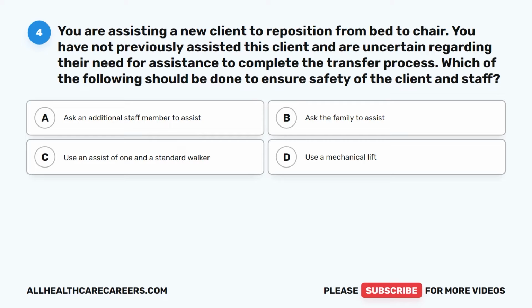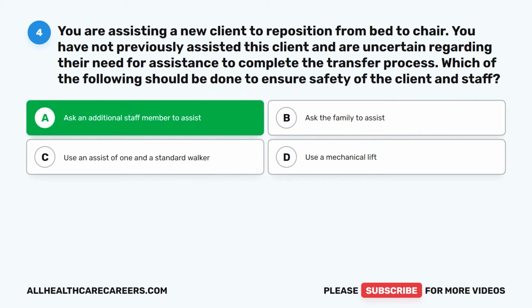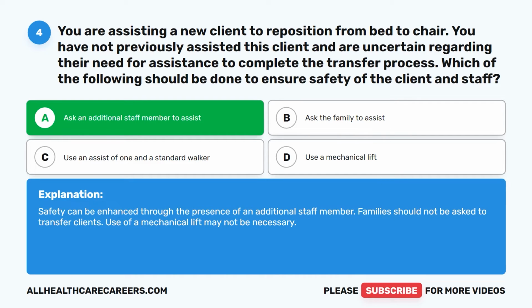C. Use an assist of 1 and a standard walker. D. Use a mechanical lift. The correct answer is A. Ask an additional staff member to assist. Safety can be enhanced through the presence of an additional staff member. Families should not be asked to transfer clients. Use of a mechanical lift may not be necessary.